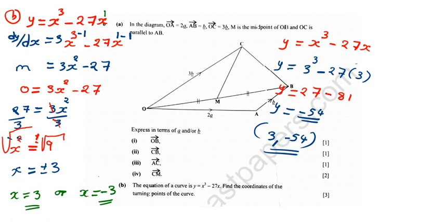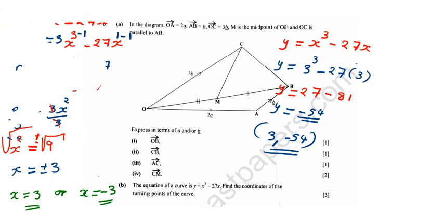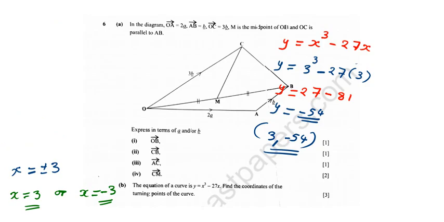Let me solve for the other coordinate. Let me just create some space here. The other coordinate will now have x as negative 3. So here I take the original equation, which is y is equal to x to the power 3 minus 27x.